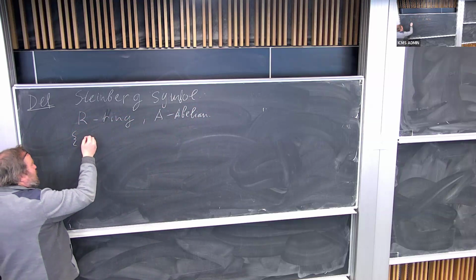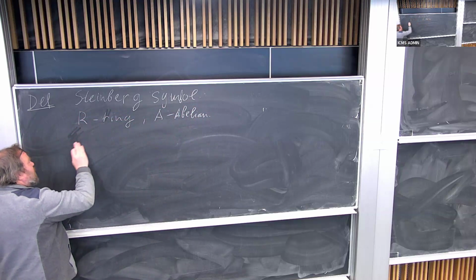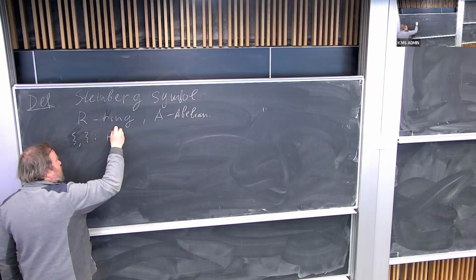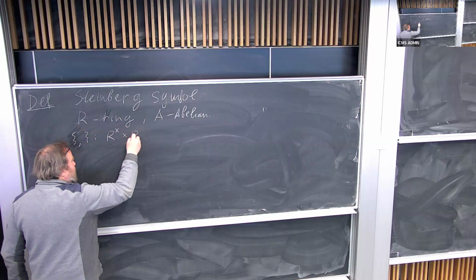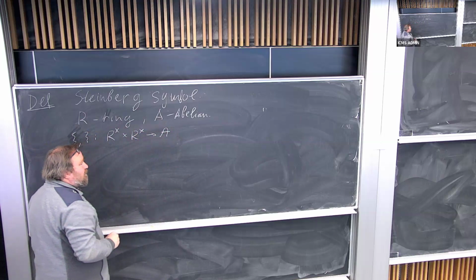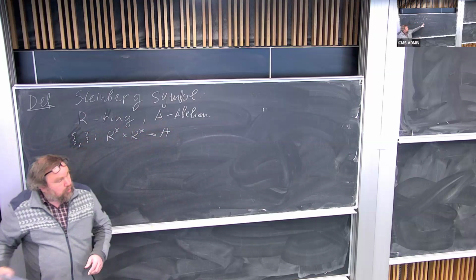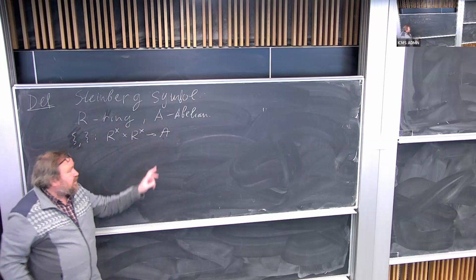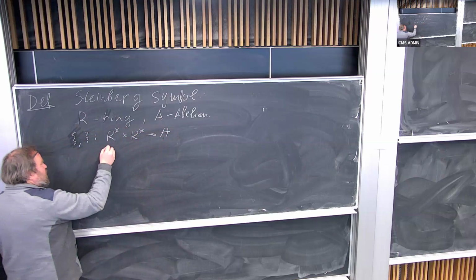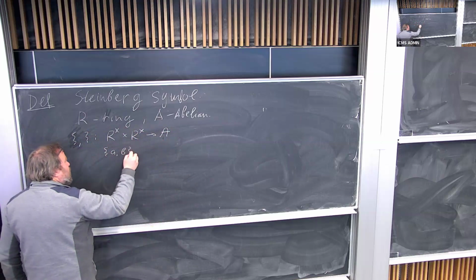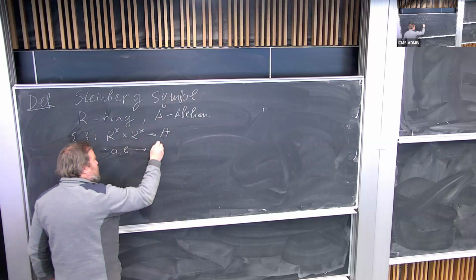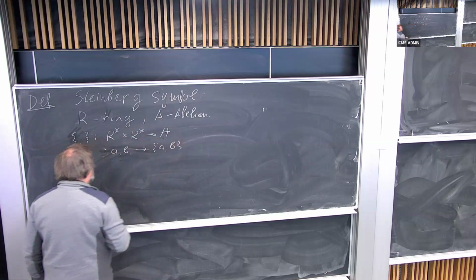It's a map from R cross times R cross to A, and I'll denote all the groups multiplicatively. So the map (a, b) goes to {a, b}, with the following properties.